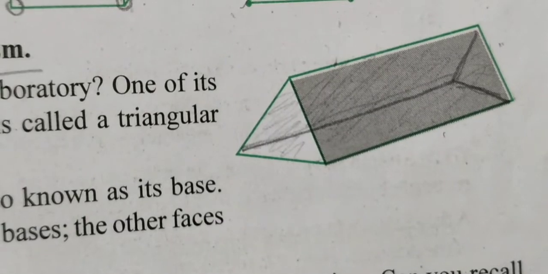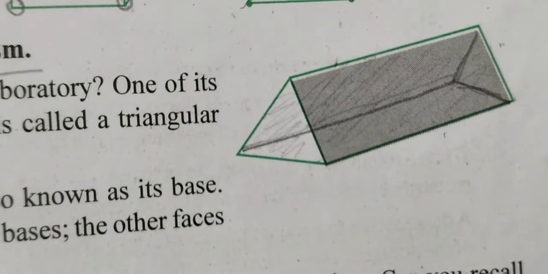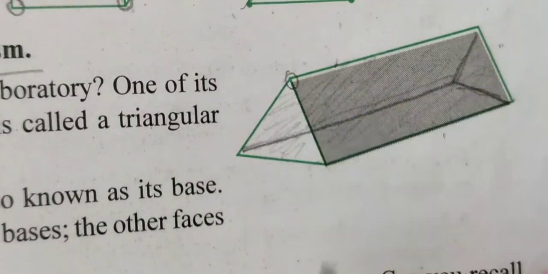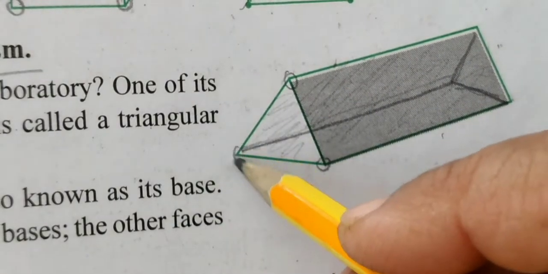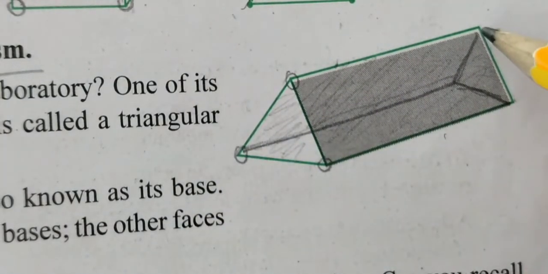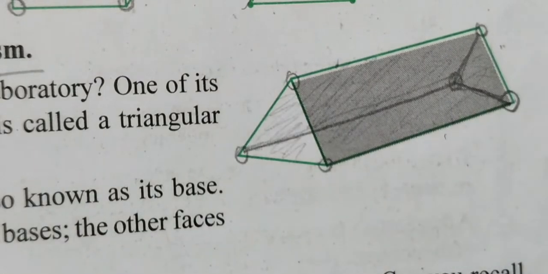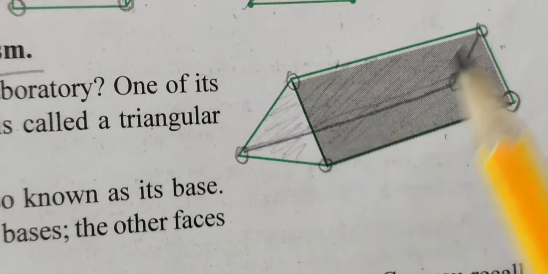Now what about vertices? 1, 2, 3, 4, 5, 6. 6 vertices. So we have cleared out, or rather I would say I have cleared out, how to find the faces, vertices and edges.